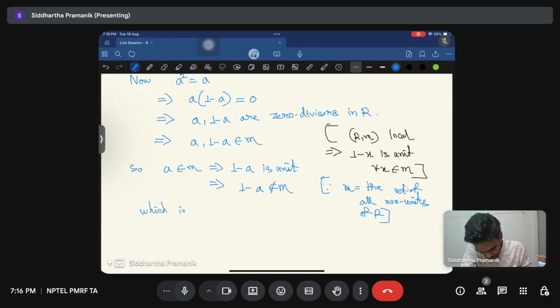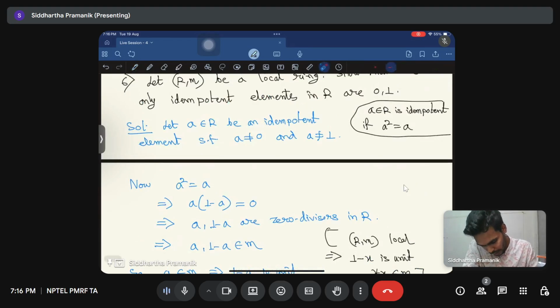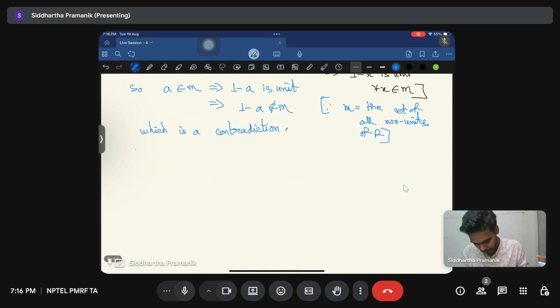So what went wrong? We assumed that A is non-zero and A is not equal to 1, but A is an idempotent. So that is the contradiction. So that means A equals 0 or A equals 1. So 0 and 1 are the only idempotent elements in a local ring.